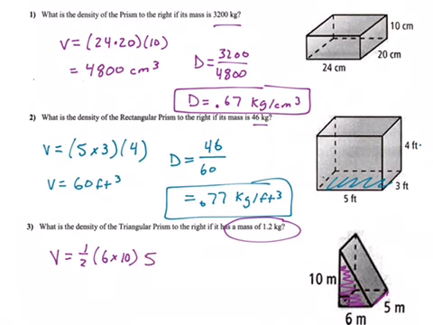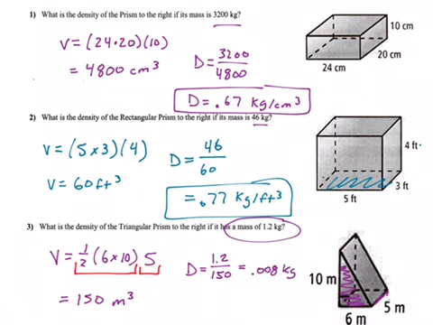So the volume of our triangular prism here is 150 meters cubed. Then to find the density, we take the mass, which is 1.2, divided by the volume, which is 150. So the density in this case is 0.008 kilograms per cubic meter.